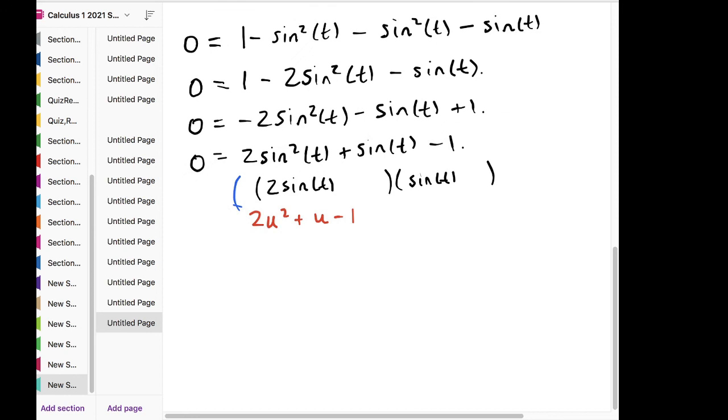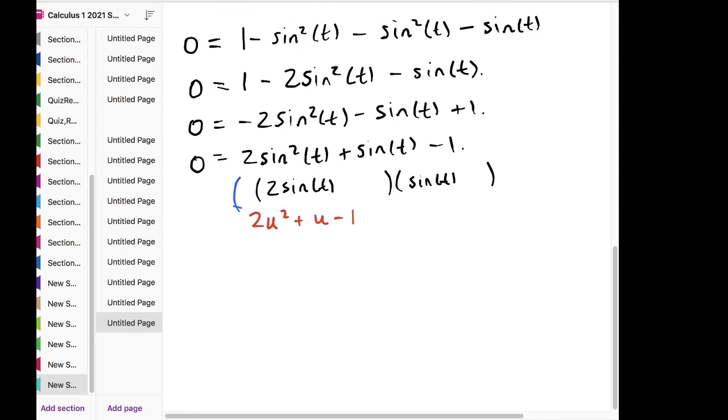Either way, what is the factorization, either in terms of u or in terms of sine? So which gets the plus 1 and which gets the minus 1?